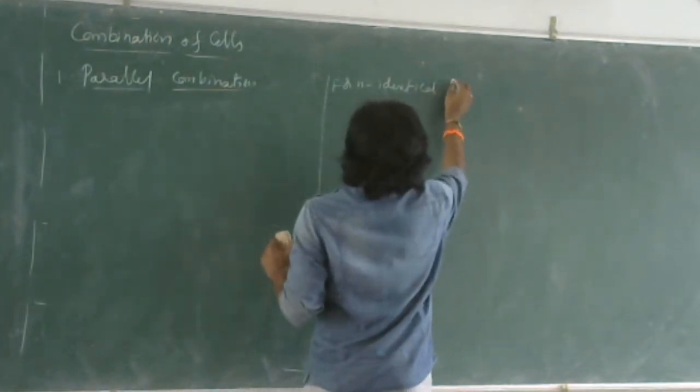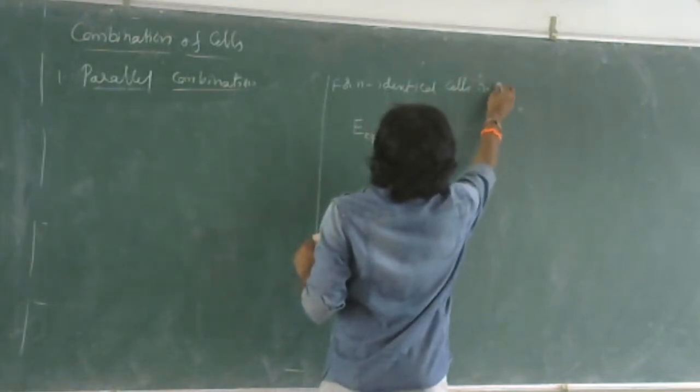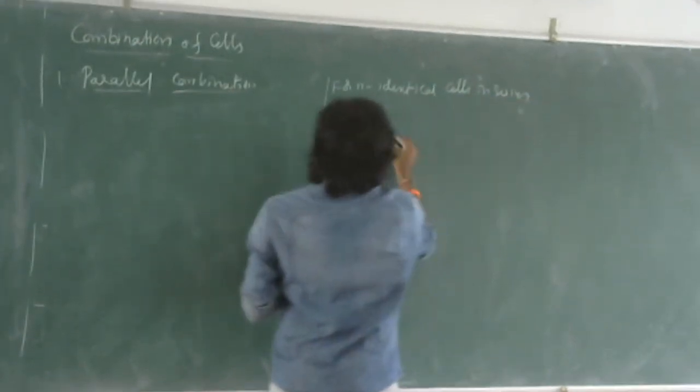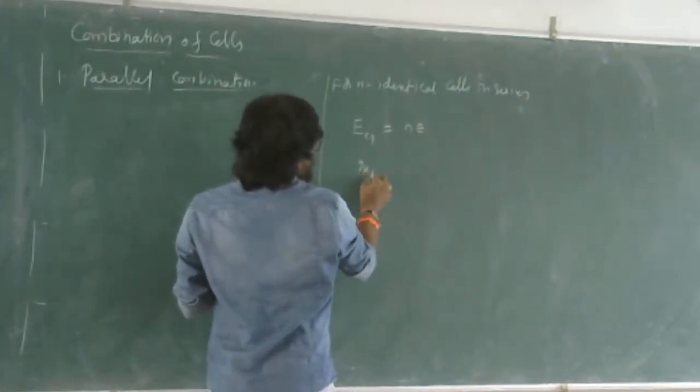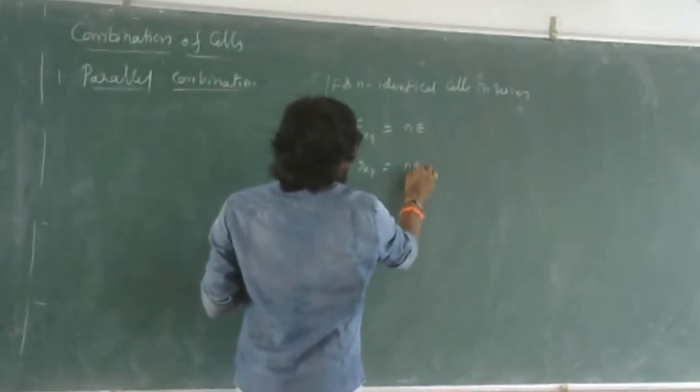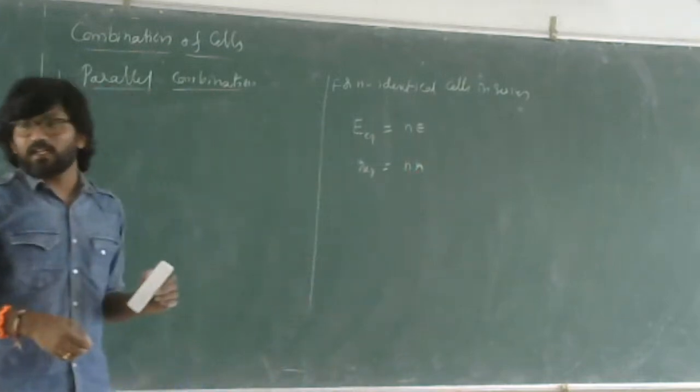for n identical cells in series, what is E equivalent? nE. R equivalent? nR. Yes, for n identical cells.